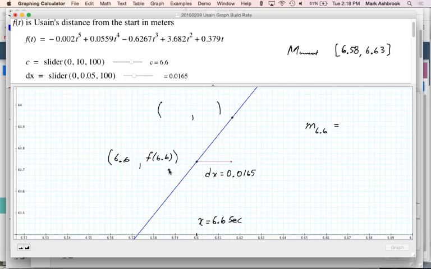Okay, how about the second point now? Coordinates of that second point, this side, in the middle. Oh, I like that she said plus. Okay, 6.6 plus 0.0165.